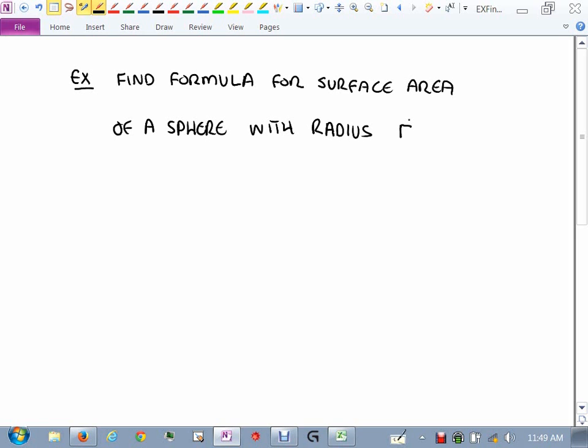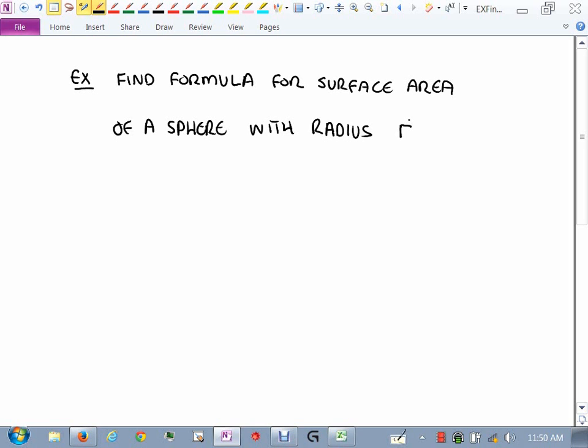I think that's volume. They're on your formula sheets. It's on the first page. 4 pi r squared. 4 pi r squared is what we should get as the answer, according to the book, right? Let's see if we can get that.